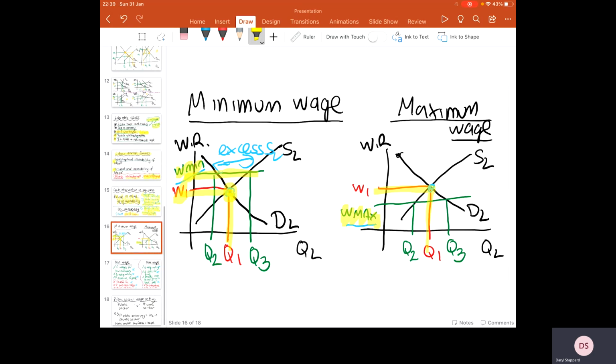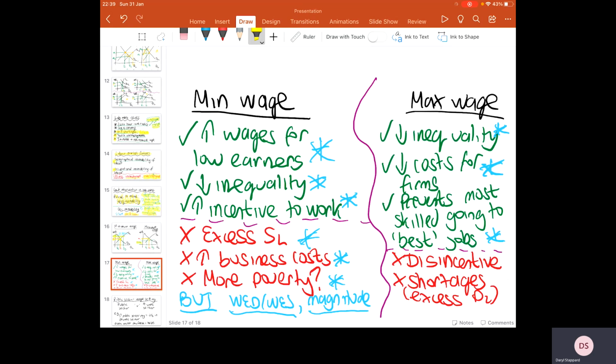Now think about some of the benefits of what we've got here. Minimum wages would increase the wage rates of low-income earners. That will hopefully mean that people are receiving a living wage from supplying their labour. But it will also hopefully reduce inequality, to cut that gap between the high-paid and the low-paid people across the economy, make society a bit more equal.